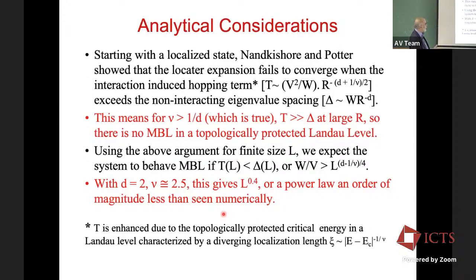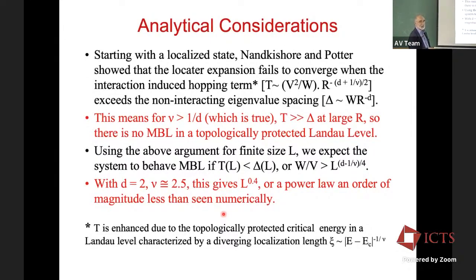We just say compare T at length scale L to the delta, the spacing at length scale L. And what you find is that W over V should go as L to the (d minus 1/nu) to the quarter. Now, if I put in the fact that this is a two-dimensional system, and we know that the exponent for the localization length at the center of the Landau band is around 2.5, it gives L to the 0.4.